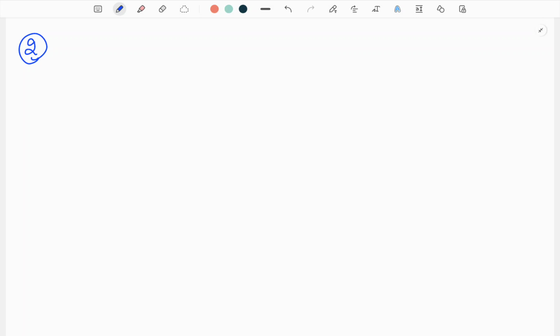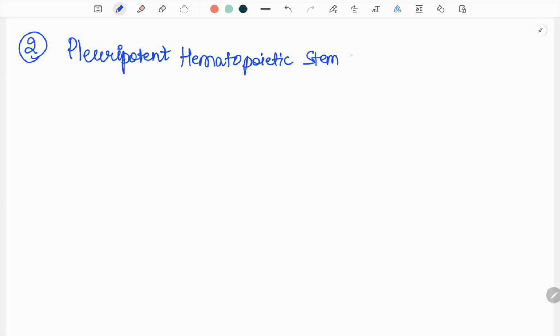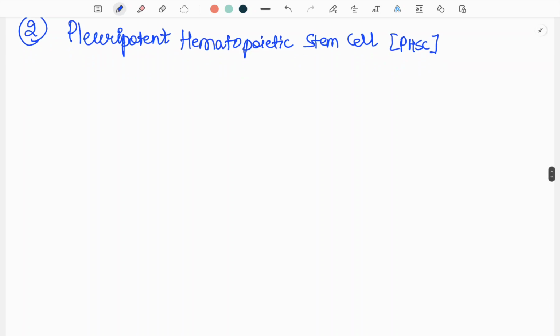So, there is a cell known as pluripotent hematopoietic stem cell, PHSC. Now, this cell can form progenitors.